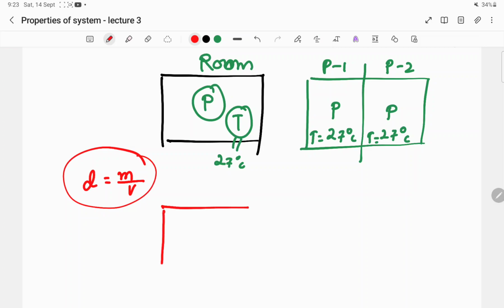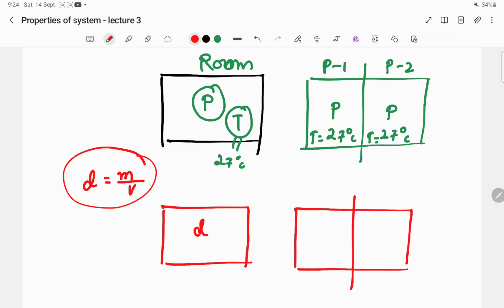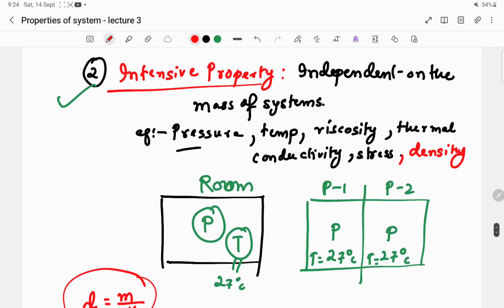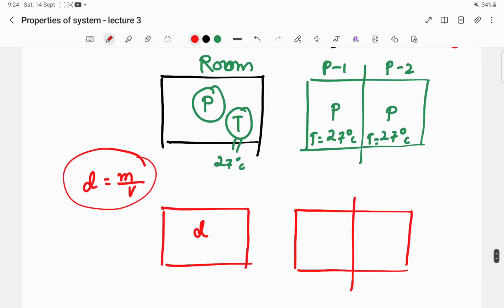Let's say there is this container where the density of gas is D. Okay, and after dividing the container, what will it be like? Since I have said it has to remain as m by v, it cannot become d1 and d2, or m1 by v1 and m2 by v2, right? It should remain as m by v.